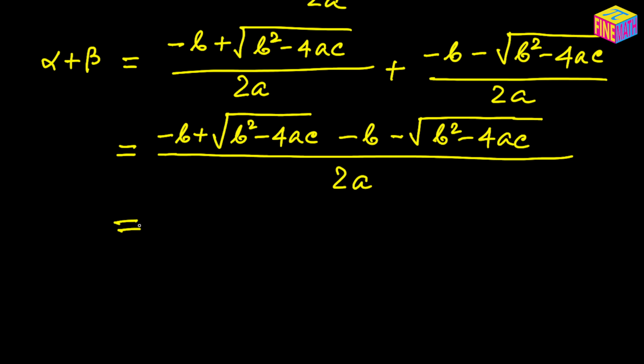Now from here we can clearly see that the positive square root term and the negative square root term are going to cancel out each other.